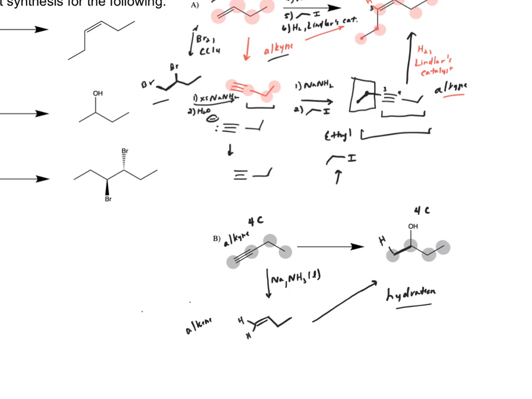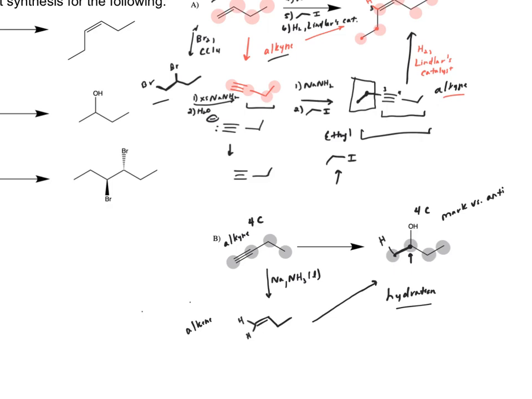Again, it depends on whether or not we want the Markovnikov versus the anti-Markovnikov product. So Mark versus anti. Again, in Markovnikov, we have the OH adding to the more substituted position, which is what we see here, right? This position is more substituted than this position. So we do want the Markovnikov product.